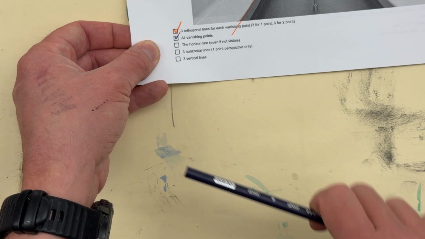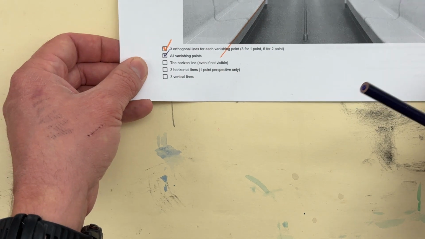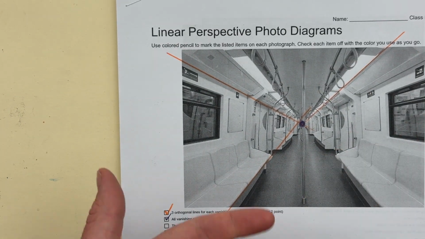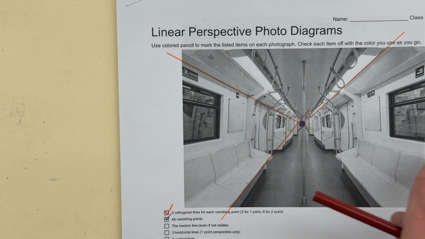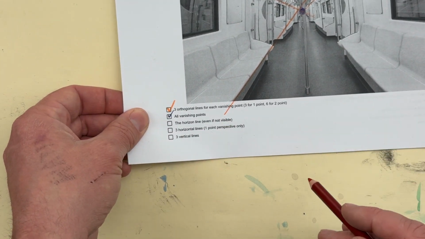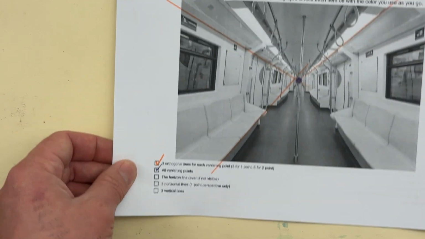Now we want to find the horizon line. We can't see the horizon in this picture because we're inside a train. There's a lot of stuff between us and the horizon, so we can't see it. So we want to try to figure out where it's going to be. How do we do that? Well, here's the trick. The horizon line's always going to go through the vanishing point. So these items are in order to make it easier for you. So if you do them in order, it's going to be easier to do the stuff, all right?